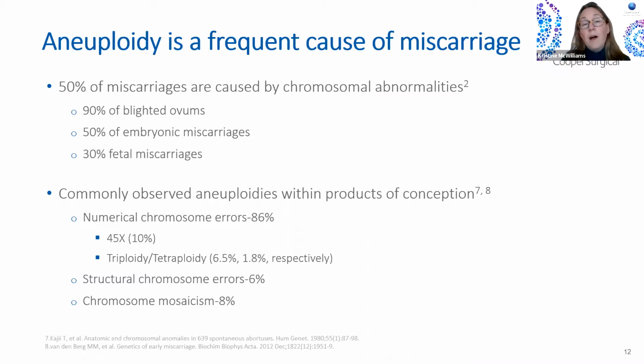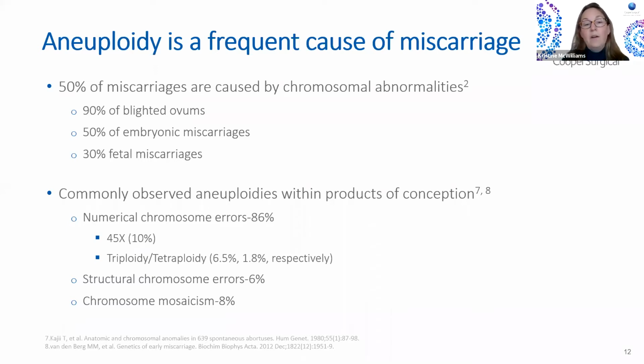There are a number of commonly observed aneuploidies within products of conception, and the numbers here represent karyotype analysis of these products of conception. Numerical chromosome errors are the most common at 86%.